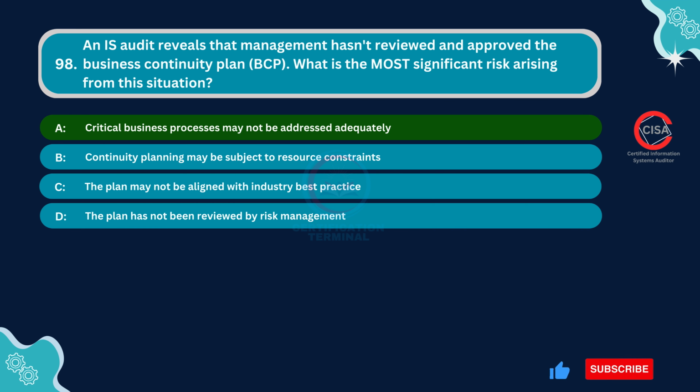Hence, the most significant risk of an unreviewed and unapproved BCP is that critical business processes might not be adequately addressed, potentially leading to a dysfunctional recovery effort in the event of a disruption. Management's involvement and approval are crucial for ensuring the BCP effectively safeguards essential business functions.